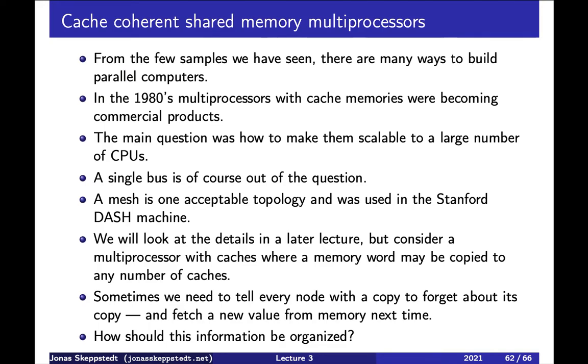Okay, so one question is, what should we do with memory in the cache? Should we tell the others to remove their copy when we modify our copy, or should we give the new value to those which have a copy? We will look into that later, but as it turned out, it's better to tell the others to remove their copy.